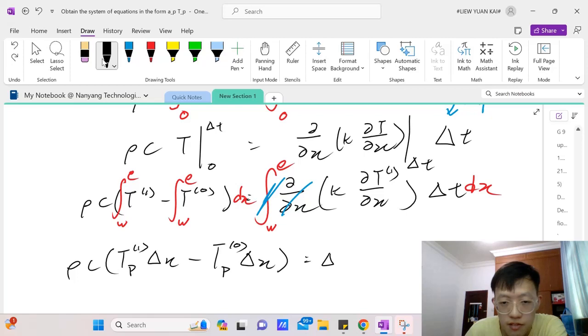So delta t, I'm going to move it to the front. Then I copy down this thing. Okay? And now I'll just directly sub in the limits of the integral.